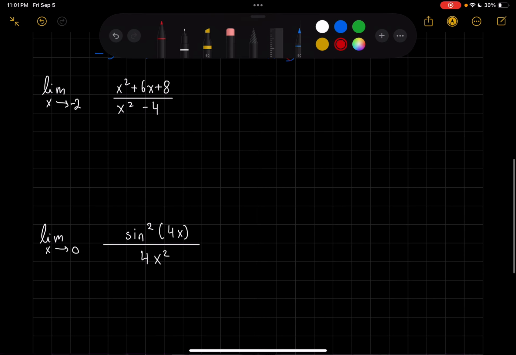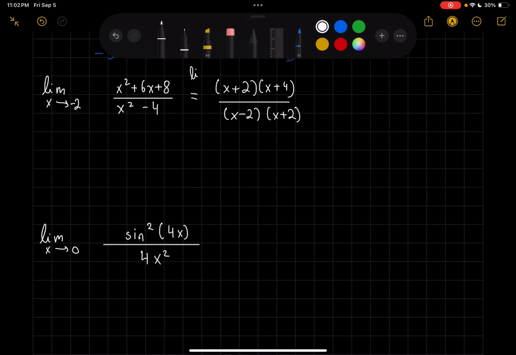Moving on, we have limit as x tends to -2 for the following function over here. This is just simple factorization. If you factorize the top function using the factoring method, you're going to get (x plus 2)(x plus 4) over, of course you can use a calculator to find the factors themselves. x squared minus 4 is basically a squared minus b squared, a remarkable identity, which is going to give you (x minus 2)(x plus 2).